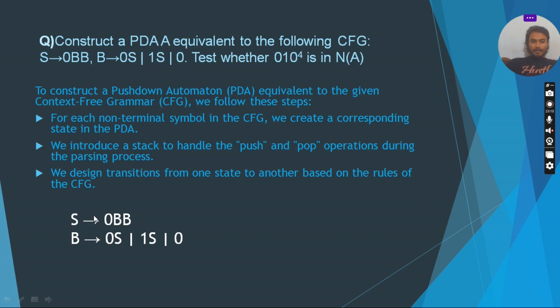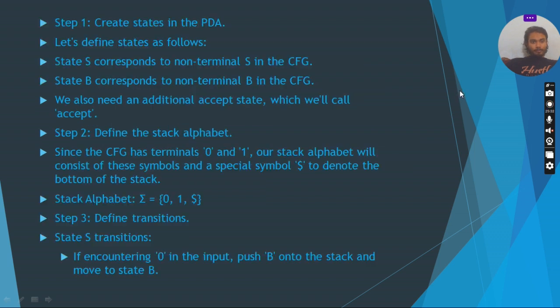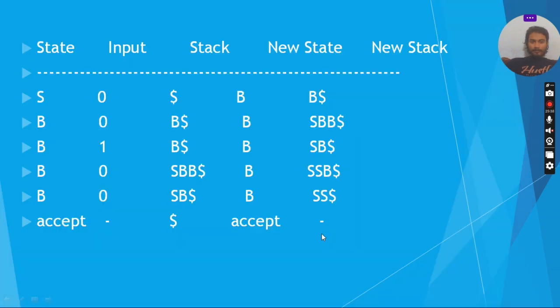So S tends to 0BB, which was very clear. It has a table, and I'll provide it in the description. B tends to 0S, which we had, and 1S, and 0. I'm mentioning all the steps here also, and you can read it very clearly.